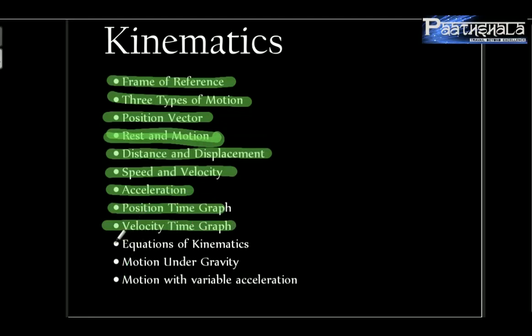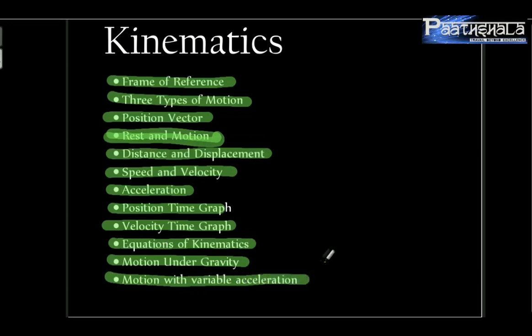And then we'll understand what the equations of one-dimensional kinematics or linear motion are. Motion under gravity is a subsection under equations of kinematics. And then finally we'll be looking at motion with variable acceleration.